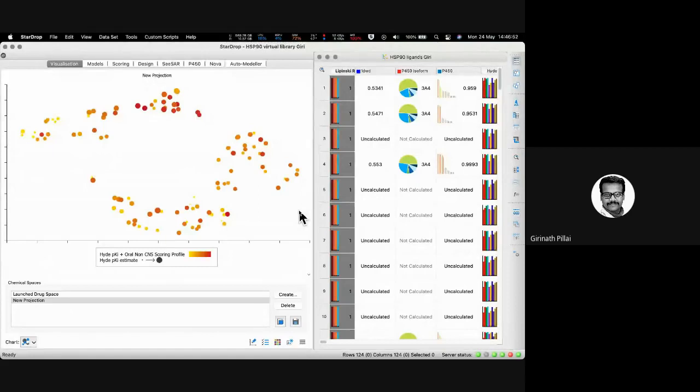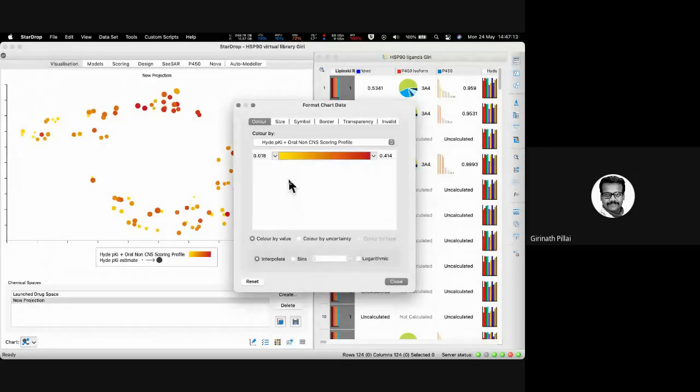But here we are going to talk about chemical space, something that we can put more information into, the structure similarity as well as other data. So let's look into that. Chemical spaces are generated based upon fingerprints, and you will also be able to customize them. So here I'm going to customize by saying that I want to find out based upon my profile or probabilistic scoring from 0 to 1.